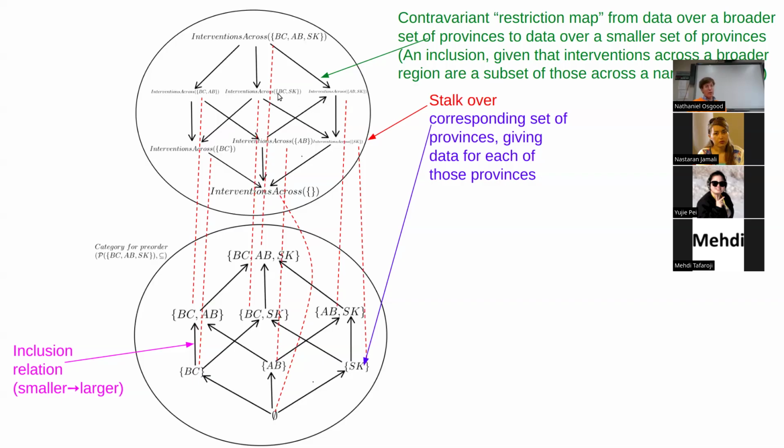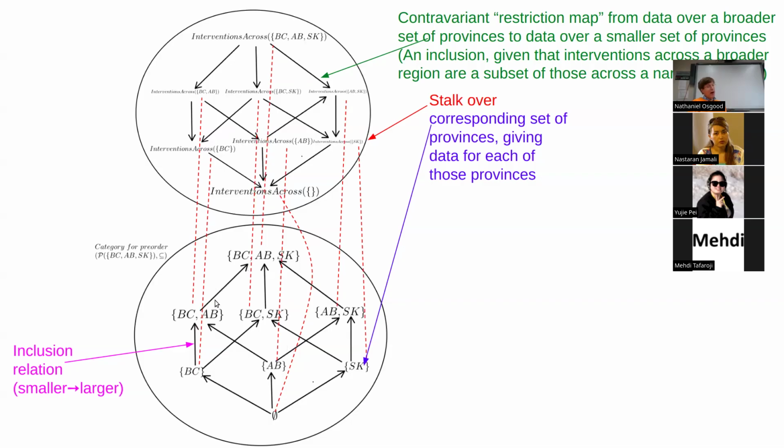Then that implies that it must be in this list. Do you get that? Because, well, we know it's in place in Alberta and BC, but we know it's in place BC and Saskatchewan as well. So it's got to be in place for all three. So what I'm telling you is that this is picking up the logical structure of what must be the case here for it to make sense, for it to all add up, for it to be consistent.